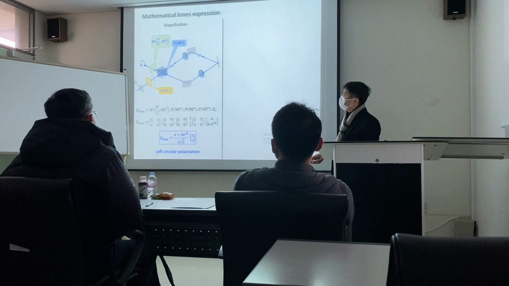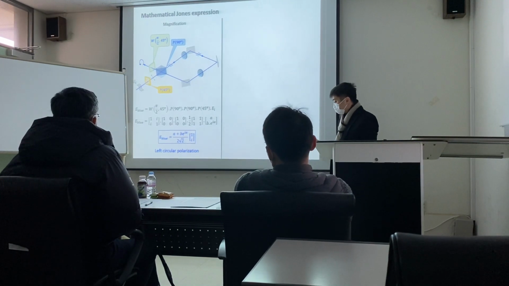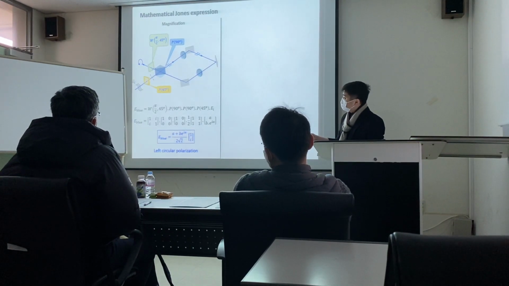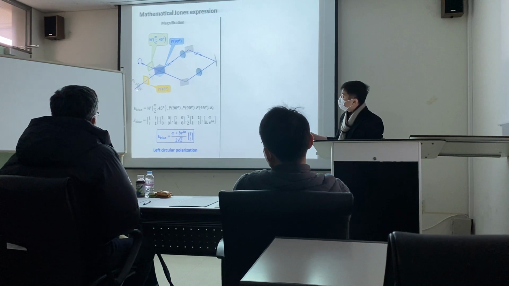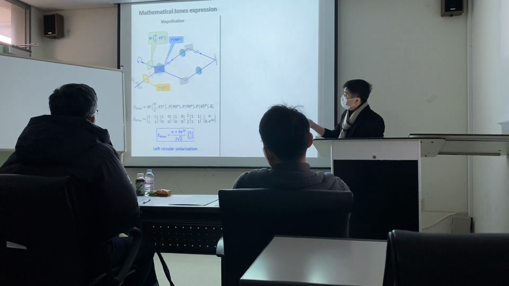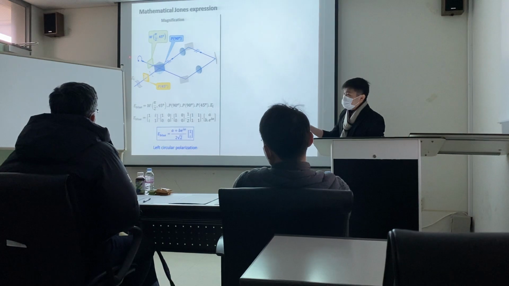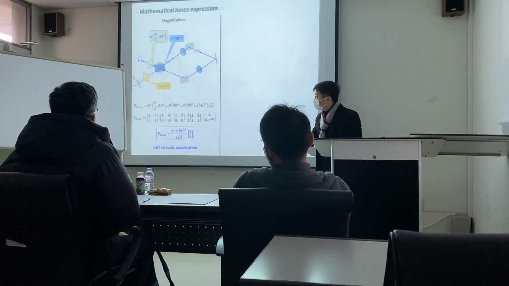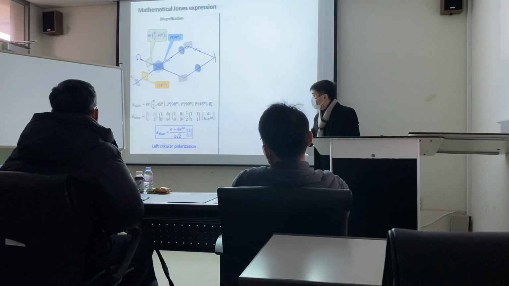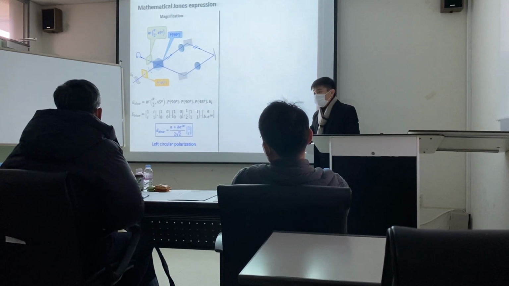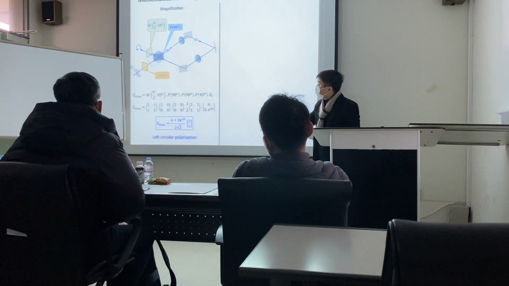Let me talk in detail about the mathematical, geometric expression. As I described before, the blue one is transmitted through the beam splitter in this direction. Here is linear polarization at 45 degrees, represented by this Jones matrix.